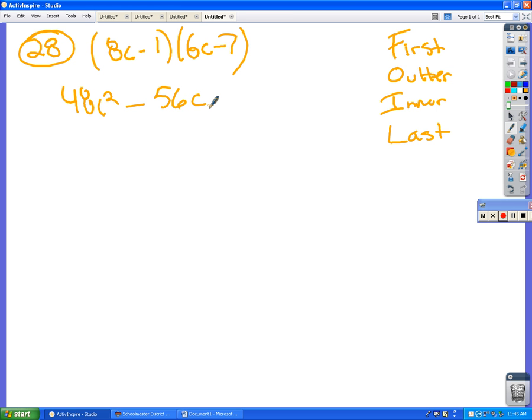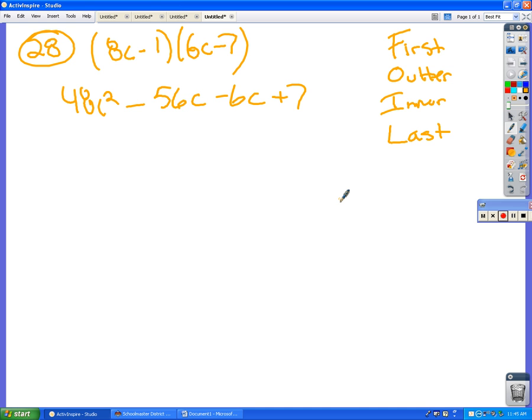Now I'm going to do the ones on the inside. What do I get when I multiply those together? Negative 6c. And then I'm going to do the last term in this parentheses times the last term in this parentheses. Negative 1 times negative 7 is positive 7. Okay? So this is first, outer, inner, last.